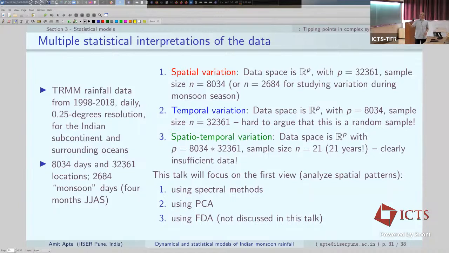We don't want to think of each location or each day as a sample point; the spatiotemporal variability is what we want to capture. But the available sample size is just too small to do any reasonable inference. This is one of the main difficulties in getting data-based inferences for this system.